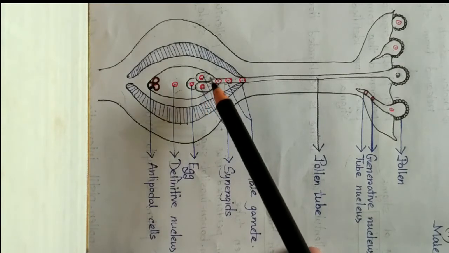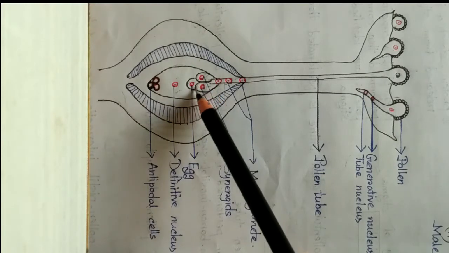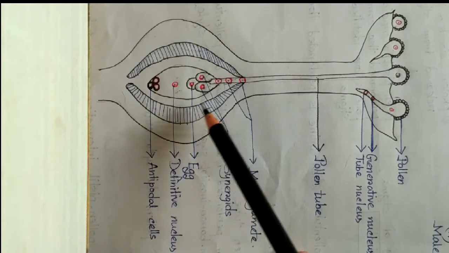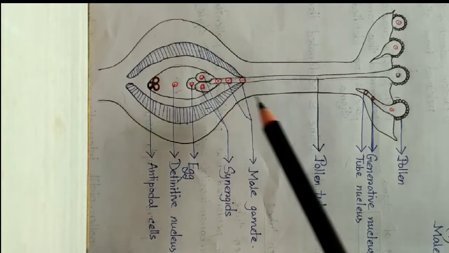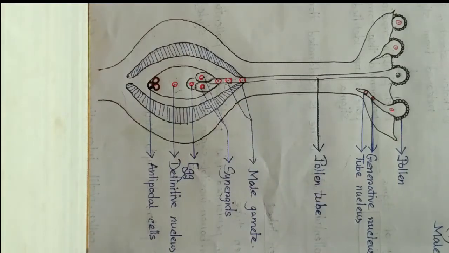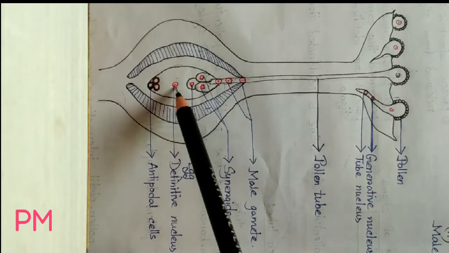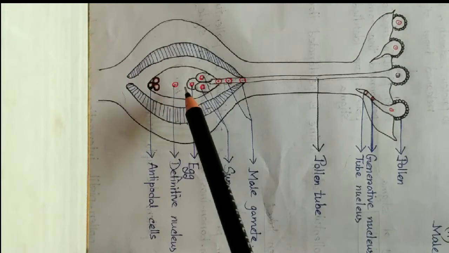But if one male gamete fertilizes the egg and the other male gamete fertilizes the definitive nucleus, then it is known as double fertilization. Single fertilization means one male gamete fertilizes one egg, that is known as zygote formation or oospore formation.